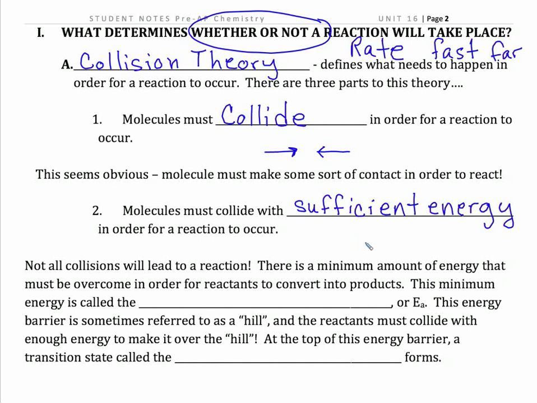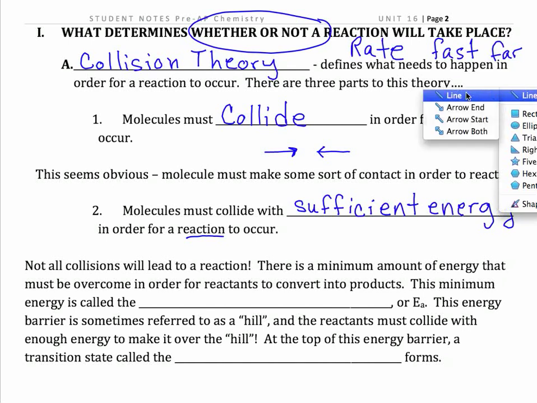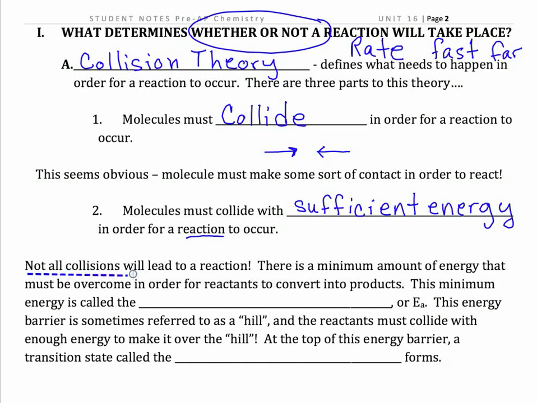They need to collide, but they need to collide with sufficient energy in order for the reaction to occur. Now, that's critical because what that means is that not all collisions will lead to a reaction. There's a minimum threshold amount of energy that has to be met. This minimum energy is called the activation energy.